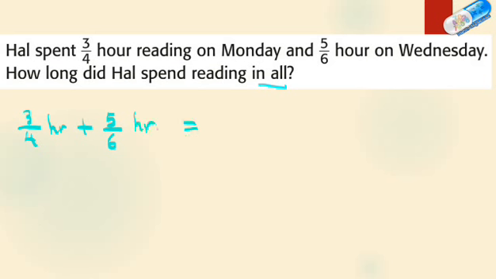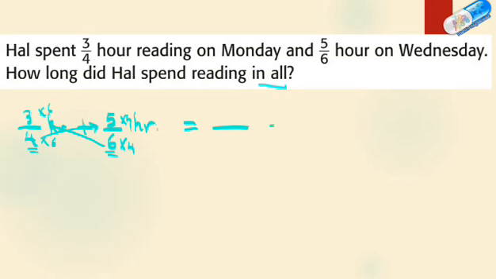Now to add, the denominator 4 and the denominator 6 are different, so we just have to get the same denominator. We ask ourselves, is one of 4 and 6 a multiple of the other one? Of course not. So we can simply multiply the first fraction by 4 up and down, and the second fraction by 6 up and down.